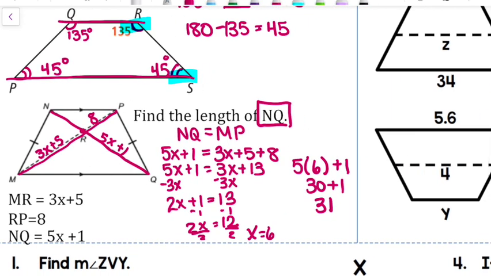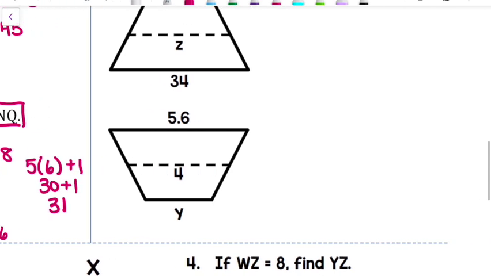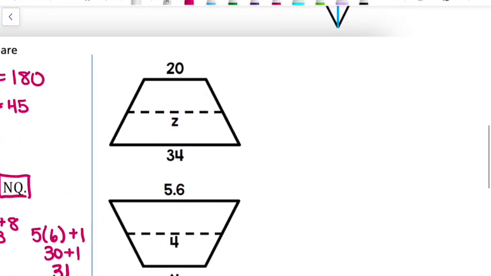All right, last cool property of a trapezoid is the mid segment here. Okay, so with a mid segment, this is equal to this. So that helps. But then what's also really cool is that this middle number is the average.